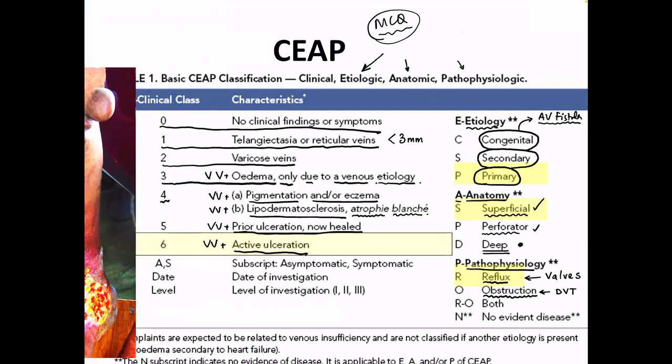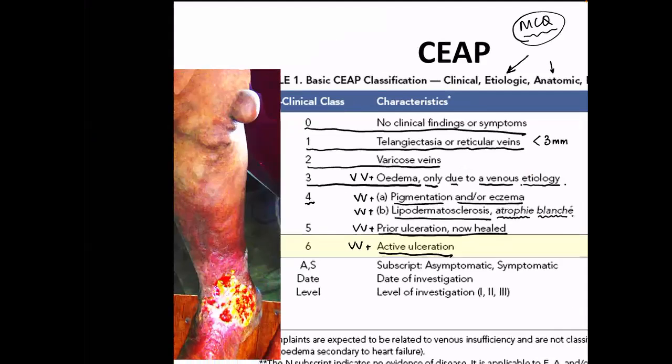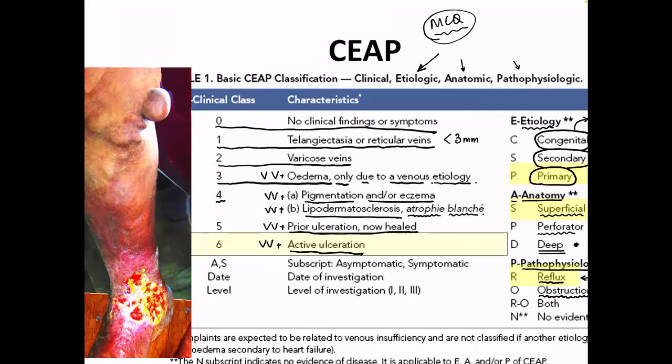If you have agreed, then tell me what is the CEAP of this leg? What will be the C in this patient? C6. Active ulcer. Why did you say C6, sir? Active ulceration. And what is the other thing that I told you?